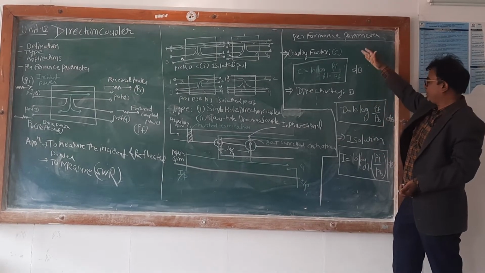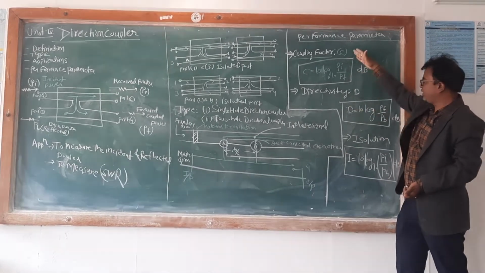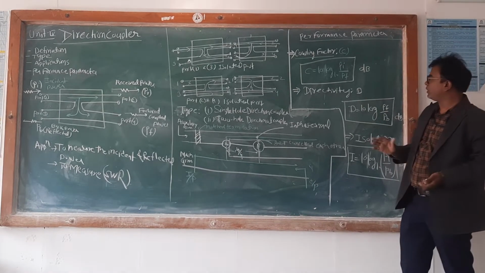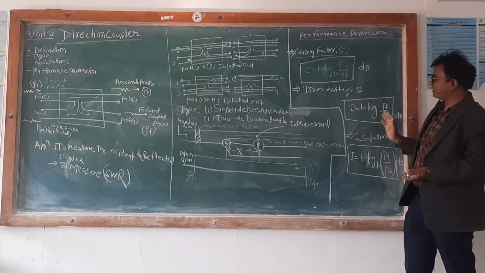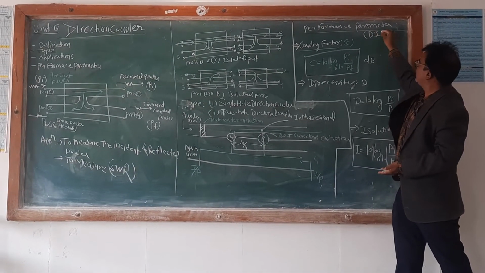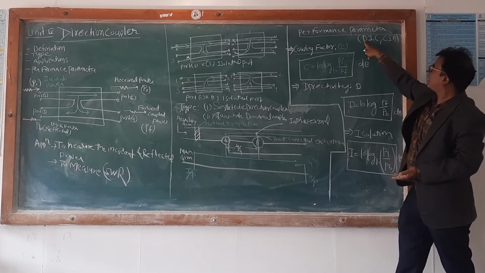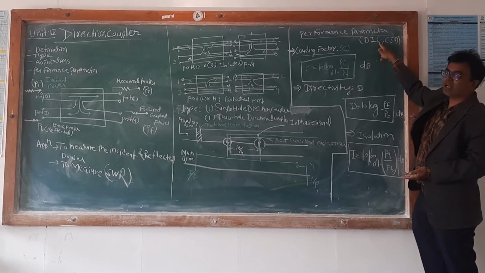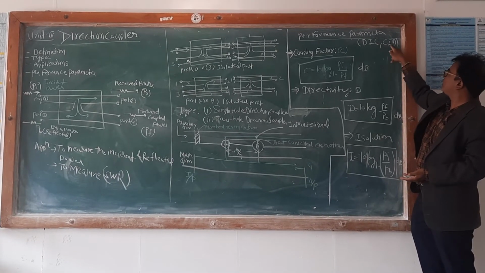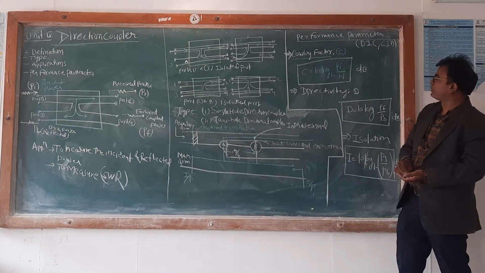You can remember this as CDI, or CID, or DIC. There are different tricks: DIC, digital integrated circuit, or CID. These are the three important performance parameters: coupling factor, isolation, and directivity.